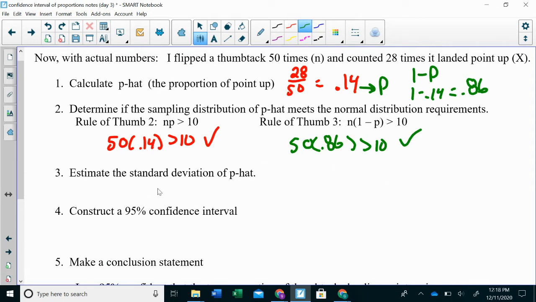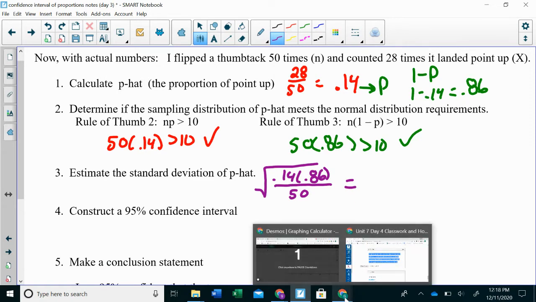Step number three is where we're going to use that square root formula from a previous lesson. Estimate the standard deviation of p hat. So it's 0.14, parentheses 0.86. Divide that by the sample size of 50. And Desmos is a great tool to help us do that calculation.